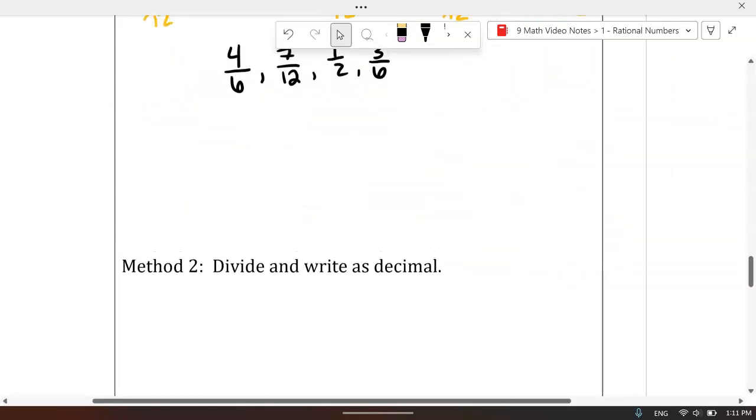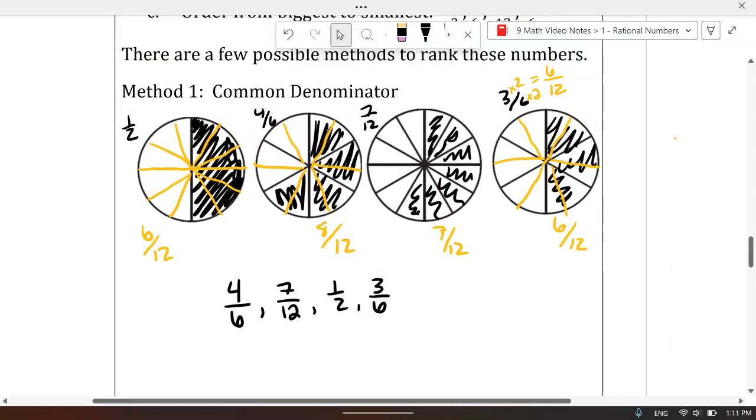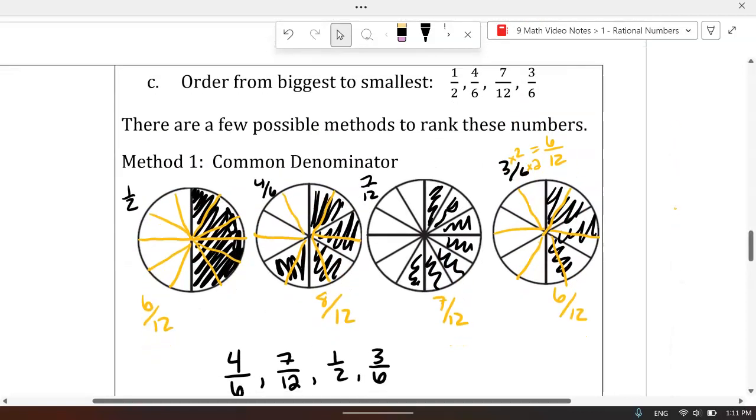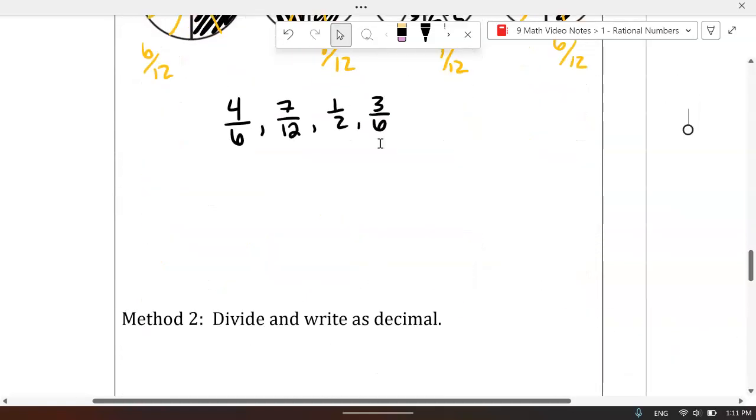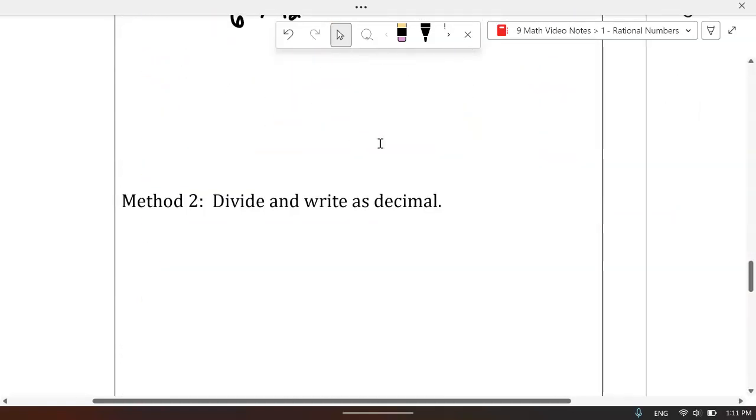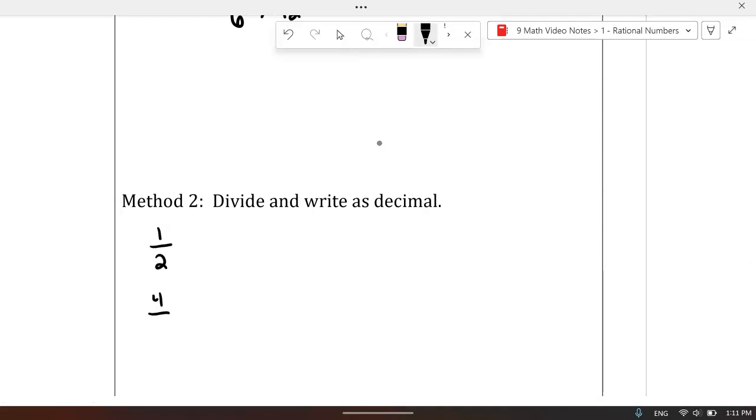The other way that I can get this, and this might be helpful in my next example too, is to write them as decimals and then just compare the decimals. Okay, so I'm just going to write down all my fractions: 1/2, 4/6, 7/12, and 3 over 6. So I'm going to get my calculator.